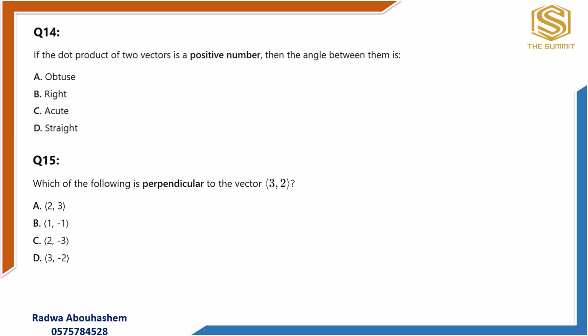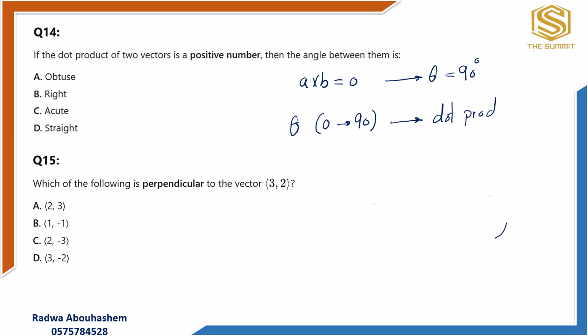Here is another rule for you. We said that if A dot B equals 0, then theta is 90, right? They are perpendicular. So if theta is between 0 and 90, then the dot product is positive.